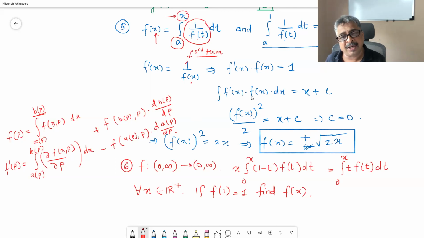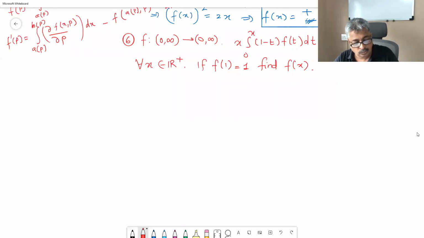Here we are doing integral f dash into f of x. What should be the integral? So basic rules. Okay, first thing that you need to do is the given equation that we have, we should differentiate with respect to x.